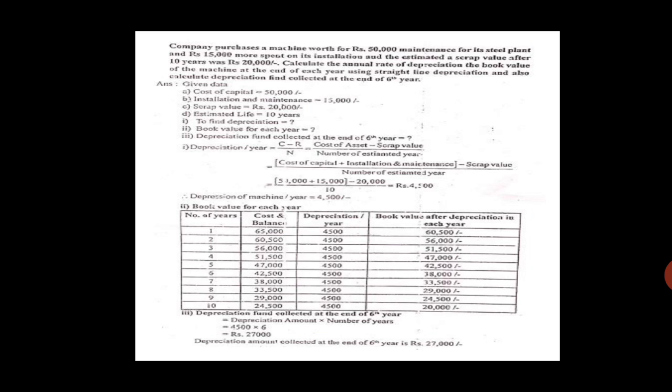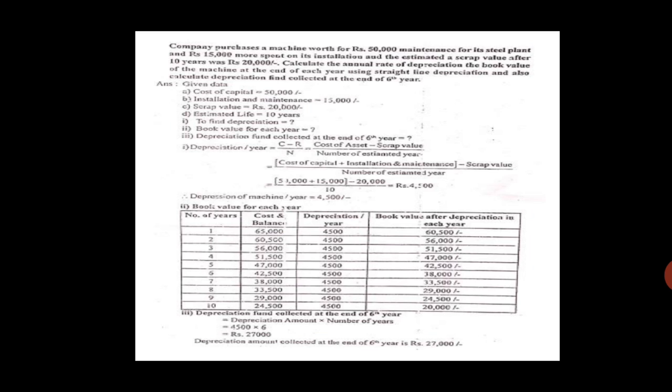It means for maintenance of the steel plant, a company is buying a machine which is costing 50,000 rupees. And for installation of that machine, you have to do the foundation, concreting, bed concreting, leveling and all. So again 15,000 rupees is the cost. Totally 65,000 rupees. So when you sell the machine after 10 years, it has got a life of 10 years, you will get 20,000 rupees back as a scrap value.